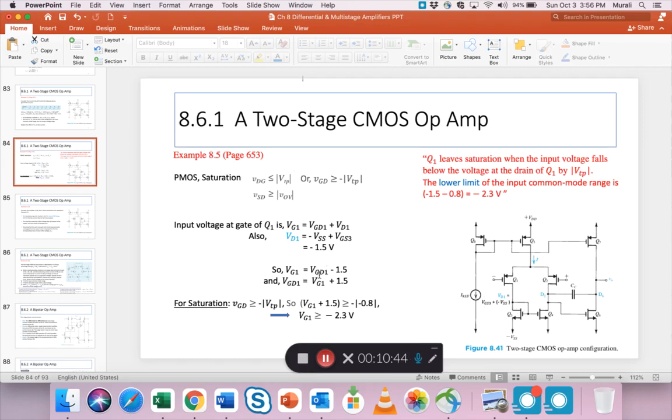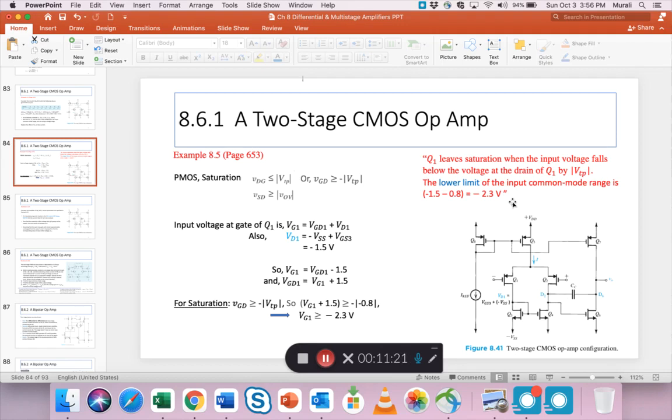So VG1 equals VGD1, gate to drain of Q1, plus VD1, and VD1 happens to be negative, so you put a minus 1.5. From here you can find VGD1, which is gate to drain of Q1, to be this formula. Now for saturation, this has to be greater than this portion. So if I substitute that, I come up with VG1 greater than or equal to minus 2.3, which is what he calls the lower limit here. Okay. So I thought I'd just show you that calculation.